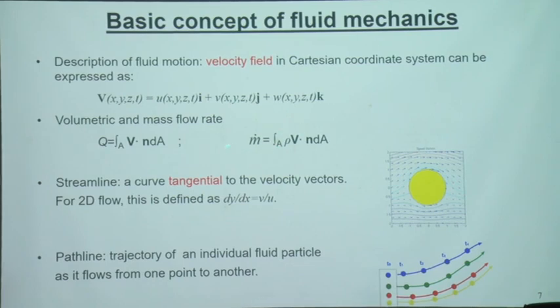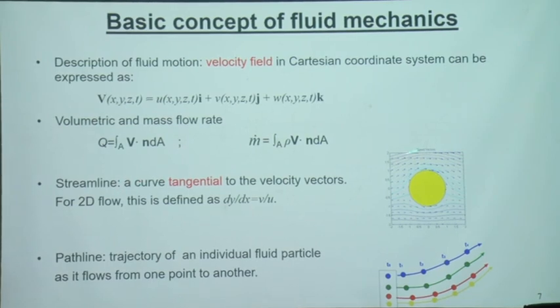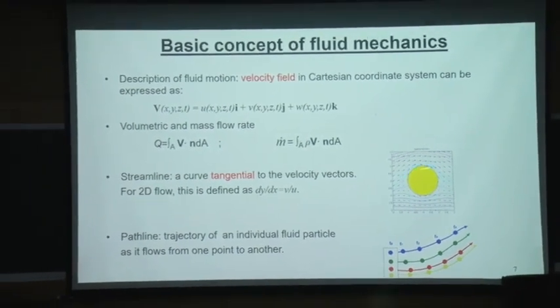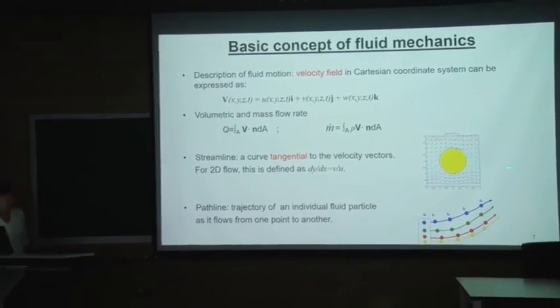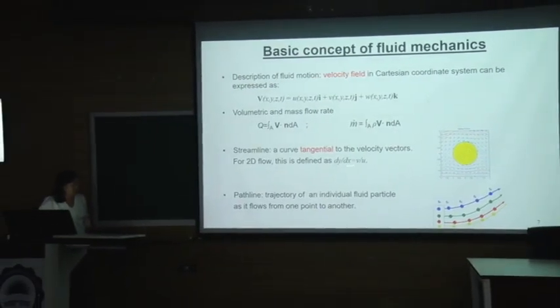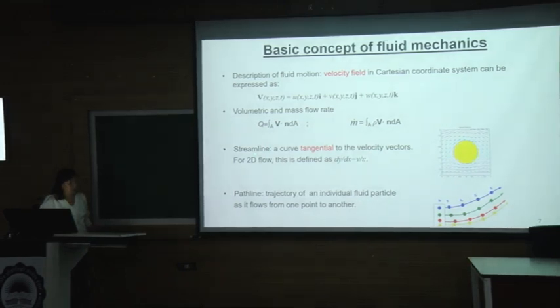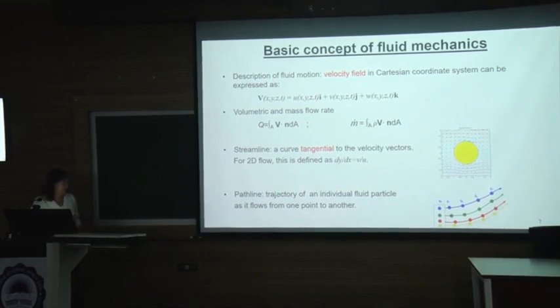To visualize the flow field, we very commonly use streamlines, for example. A streamline is a curve tangential to the velocity vectors. Here is a diagram of a 2D flow, where if you have a resolved velocity field in velocity vectors, then you can work out the streamlines using this analytical function. We also describe flow using particle trajectories or path lines sometimes.